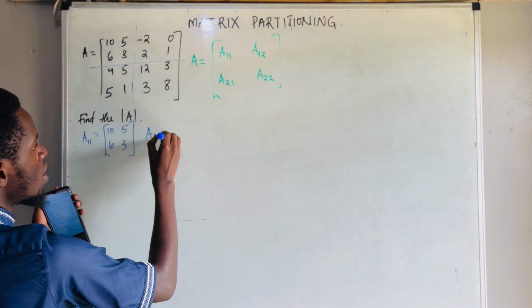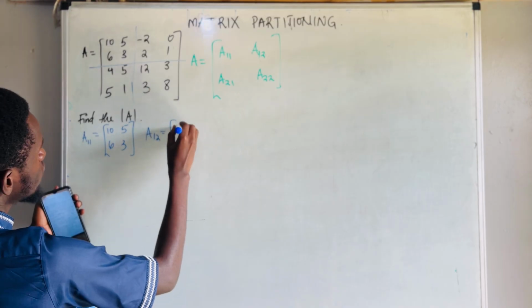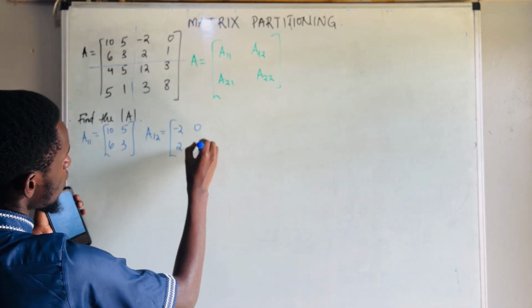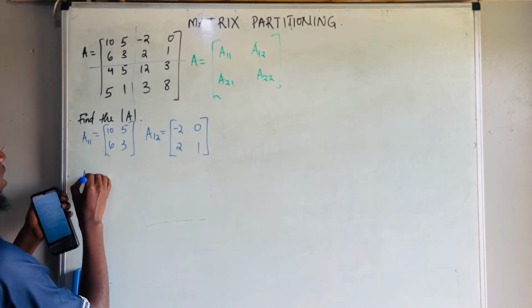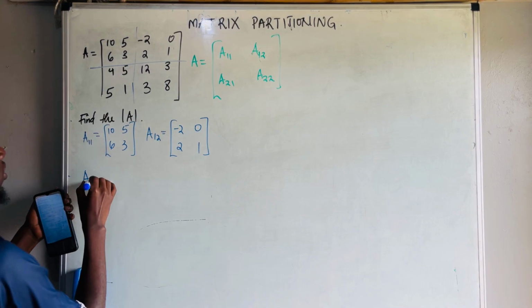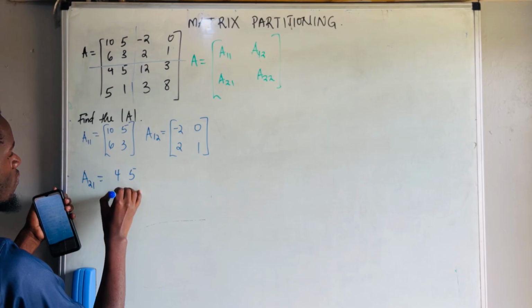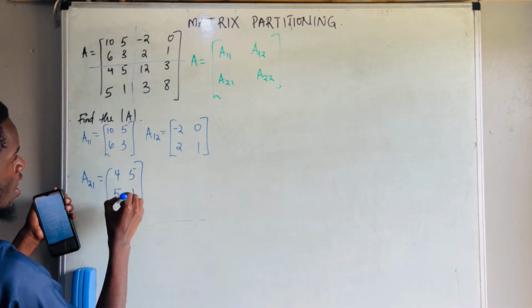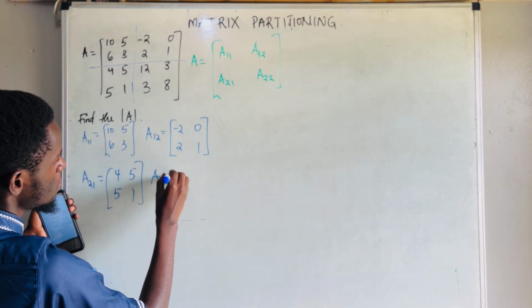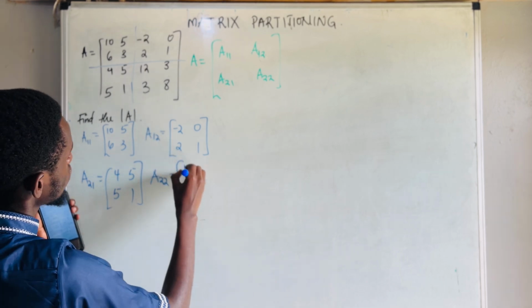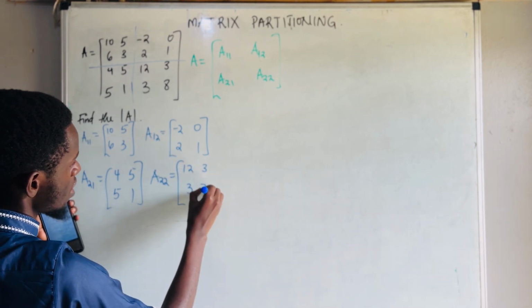My A12 is going to be -2, 0, 2, and 1. My A21 is going to be 4, 5, 5, and 1. And my A22 is going to be 12, 3, 3, and 8.